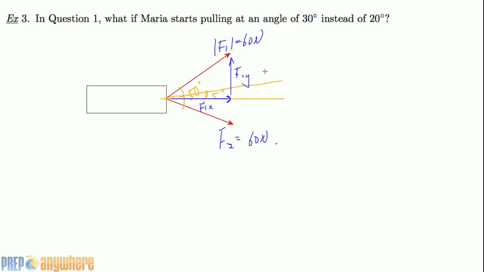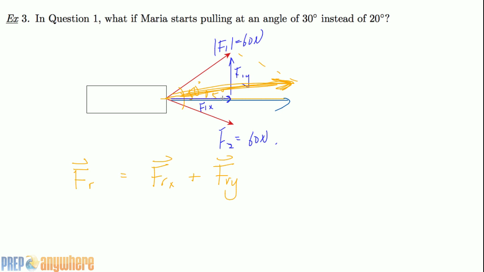This resultant vector we're going to get, like here, this vector here, I'm going to call that F resultant vector, which is going to be F resultant vector x plus F resultant vector y. The F resultant vector x, I'm talking about this one.